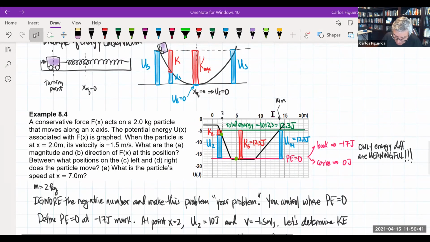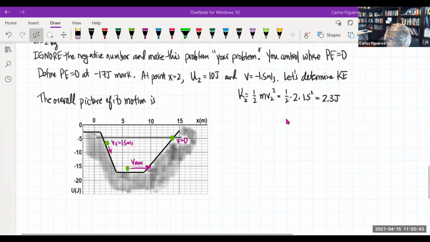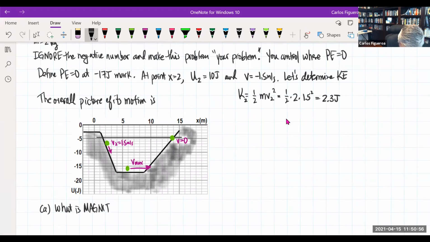So in other words, the question is this: if I look at A, what is the magnitude and direction of F at x equal to 2 meters?